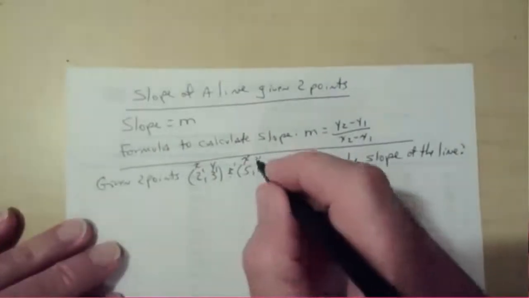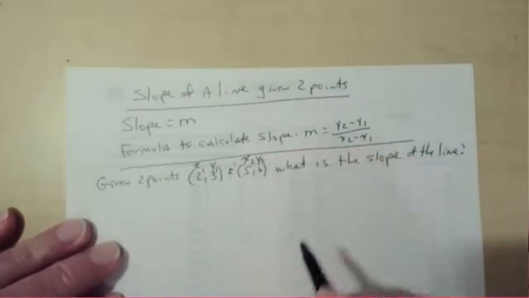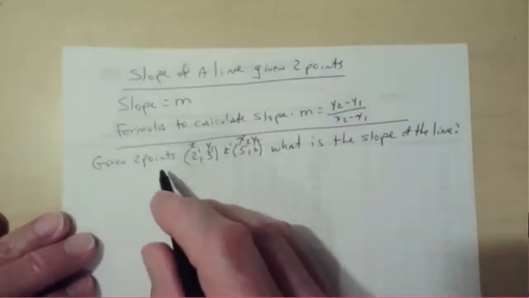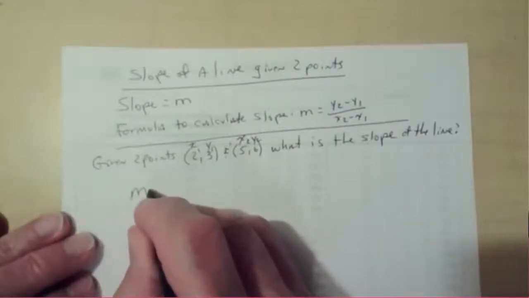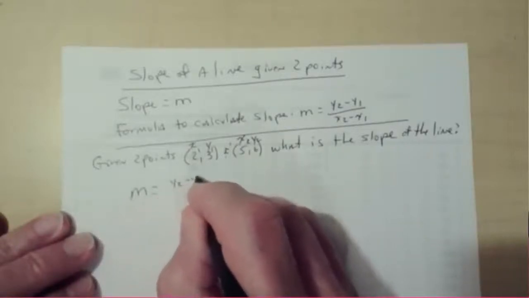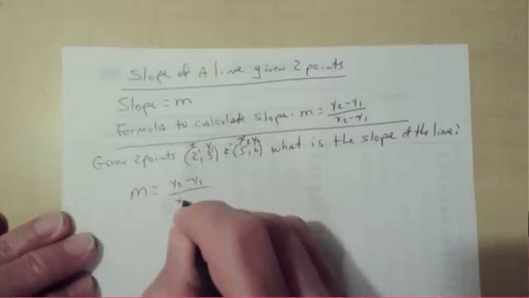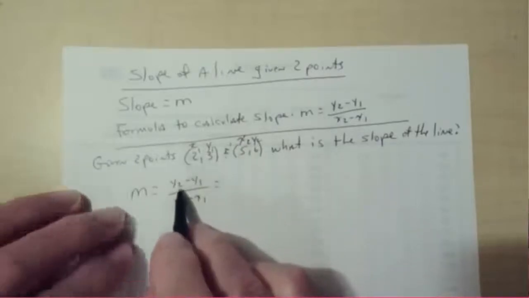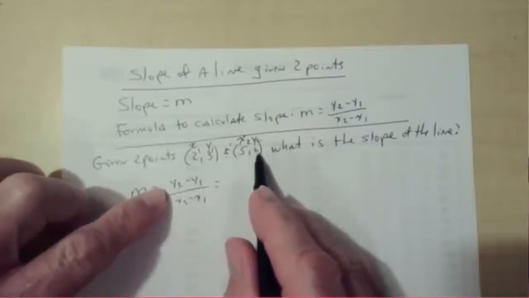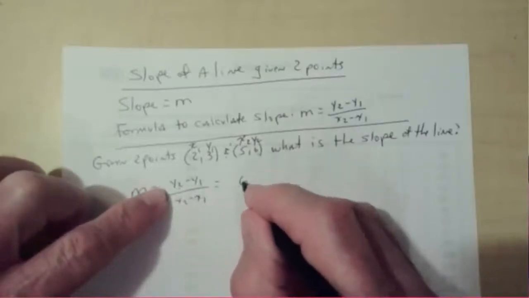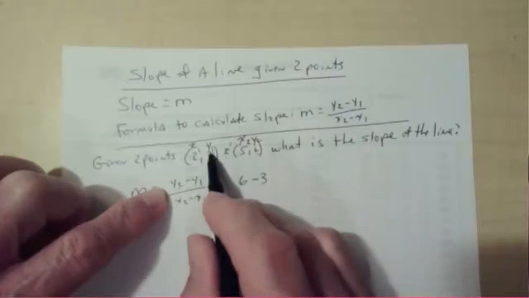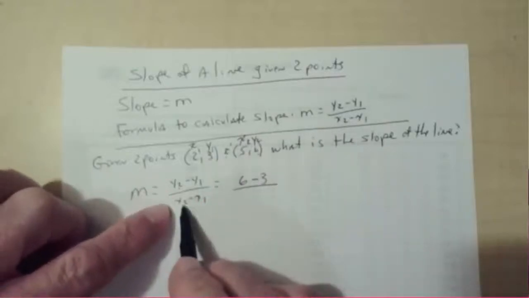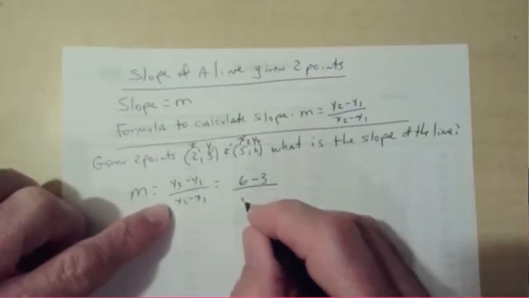Okay? Now, again, slope is y2 minus y1 over x2 minus x1. So all we do is plug in the numbers. Y2 is 6. Did everybody see that? 6 minus 3, that's y1, over x2, which is 5, minus 2, x1, which is 2.